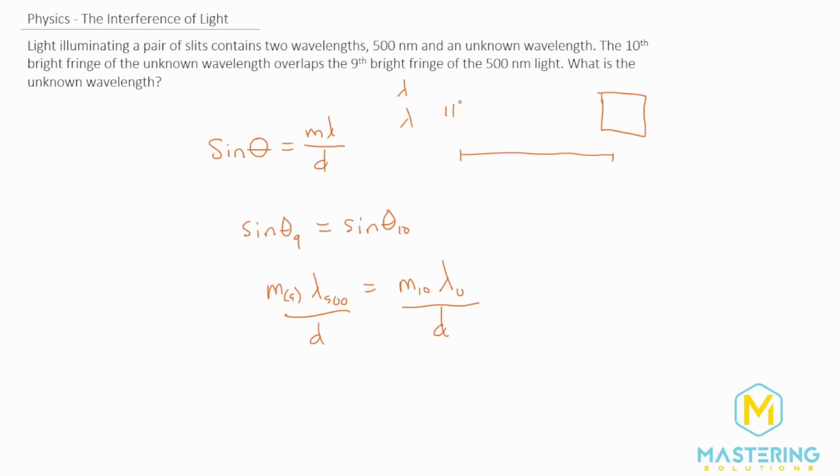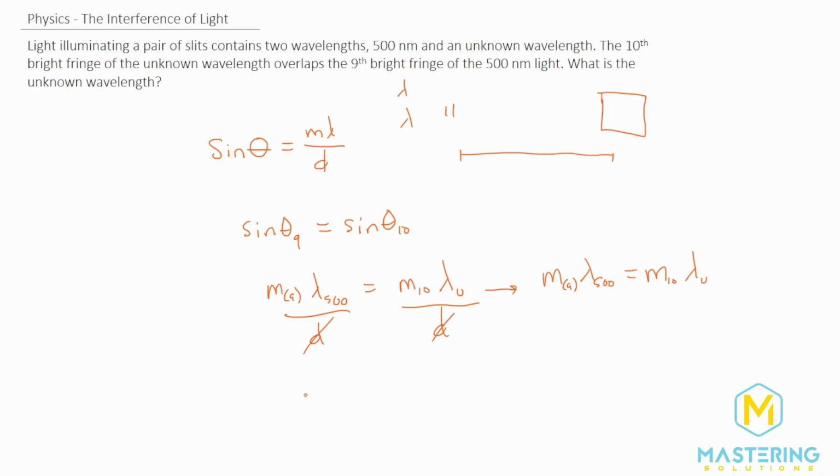The d for both of these is the exact same, so we can reduce that out of the equation. And so we have m of the 9th fringe times lambda of 500 nanometers is equal to m10 lambda unknown.